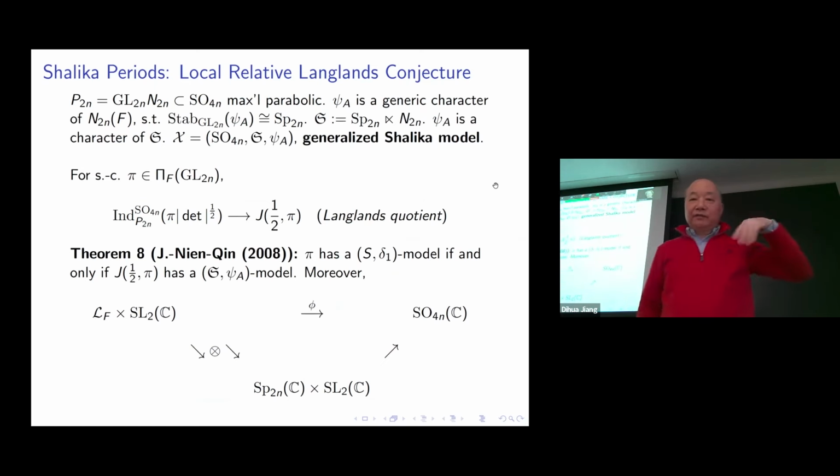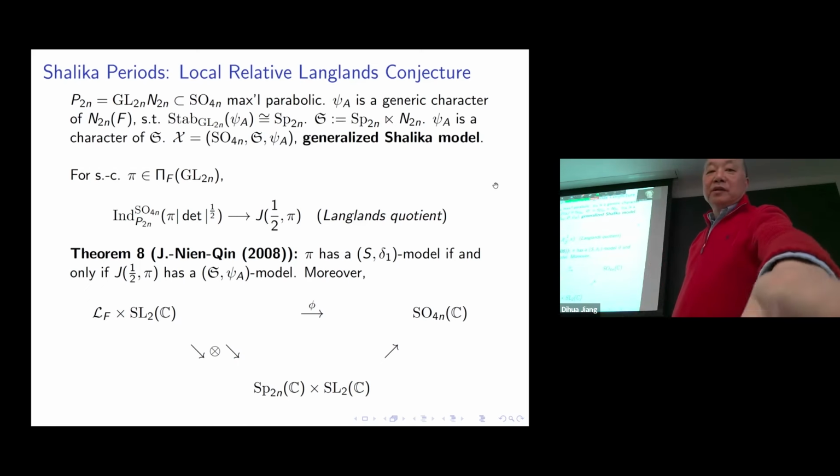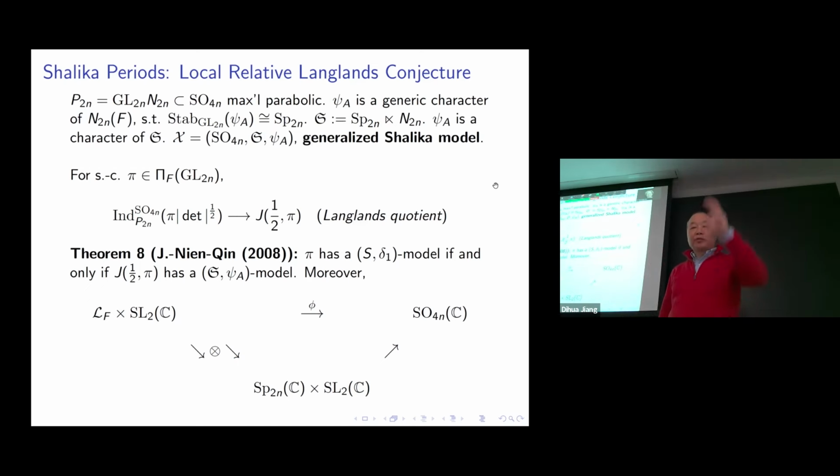And then you have a similar kind of character, which stabilizer now, because SO2M, the unipotent radical is skew symmetric, right? And the skew symmetric stabilizer will be symplectic type, right? So this is why the generalized Shalika group will look like this.